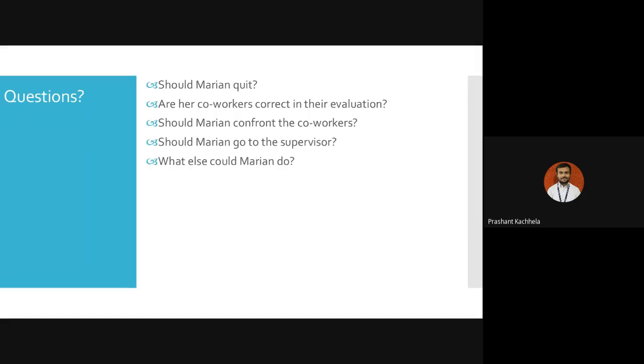Rahil, Aziz, Anjali, Ritesh, Palak, Madhwan, Divyansh, many people are replying here, and they are saying no. So let's go for the second question: are her co-workers correct in their evaluation? What do you think?